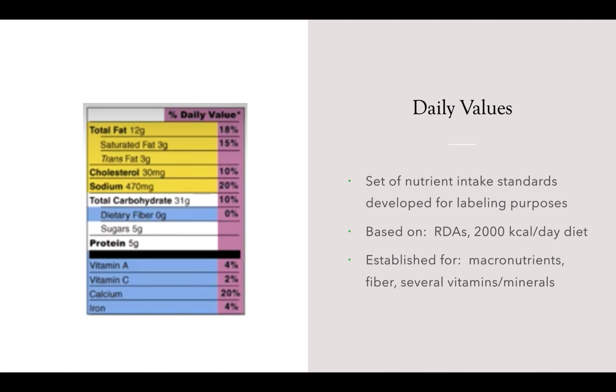Ideally, each day you want to get 100% of the daily values for fiber, vitamins, and minerals each day, and hopefully you read in the textbook that a food that provides less than 5% daily value of a nutrient is considered a low source of the nutrient. One that provides 20% daily value or more is considered a high source of the nutrient.